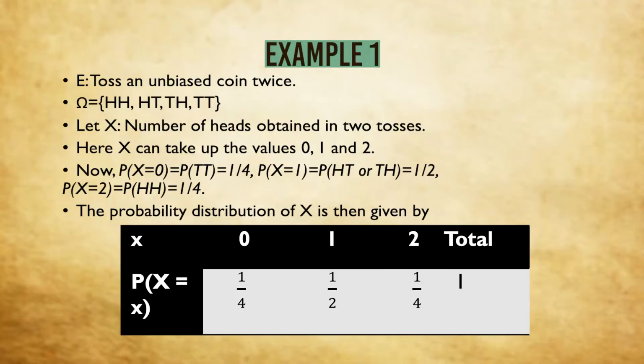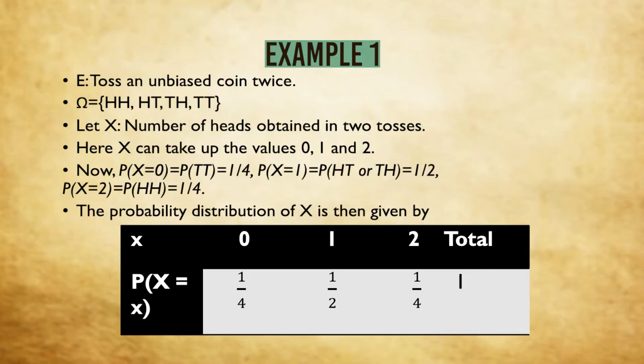So probability x is equal to 1 will be simply 2 by 4, that is half. In the same way, you can easily find out that probability x is equal to 2 will again be 1 by 4. As you can see on the screen, we can have these values along with the probabilities in a table. And obviously the total probability will be equal to 1.